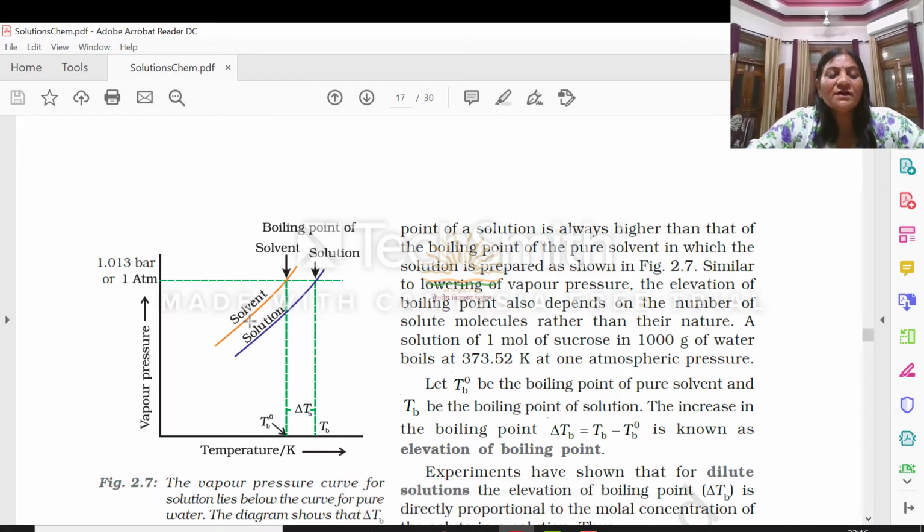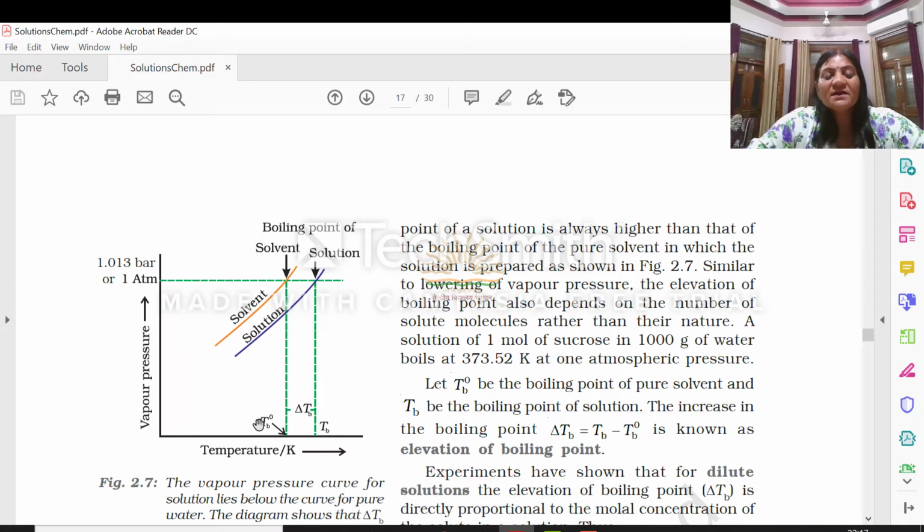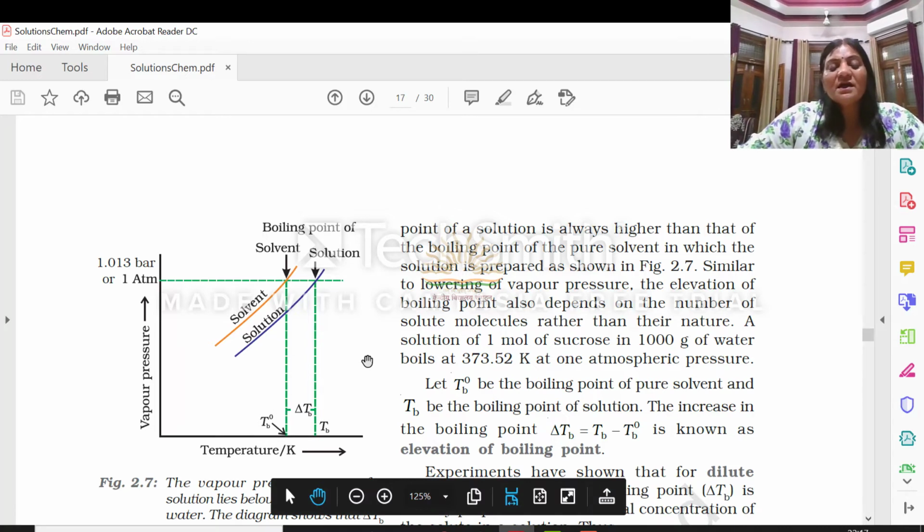By the addition of a non-volatile solute, the total vapor pressure decreases. Then we have to heat the solution more to equalize the vapor pressure to the atmospheric pressure. So this is the boiling point of the pure solvent, and this is the boiling point of the solution containing the non-volatile solute, and the difference in the boiling point is denoted by delta Tb, which is the elevation of boiling point, a colligative property. It depends upon the number of moles of the non-volatile solute.